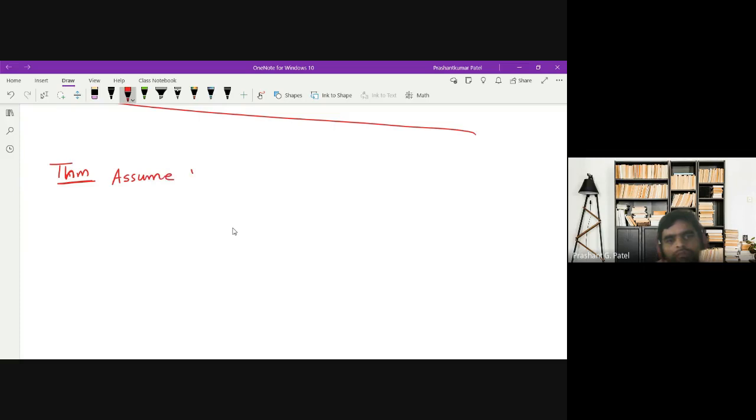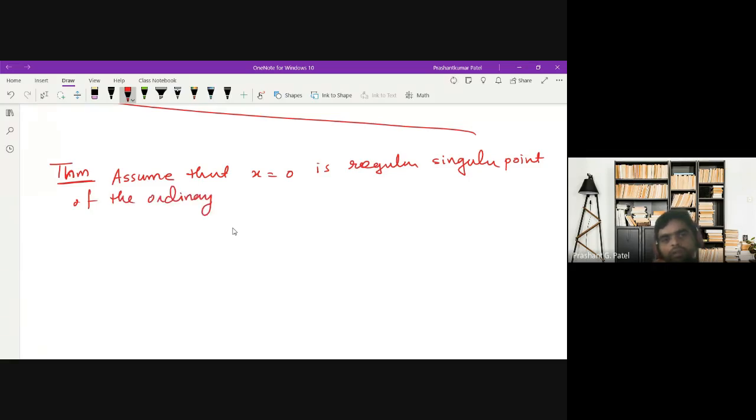Assume that x equal to 0 is the regular singular point of the ordinary differential equation y double dash plus p of x y dash plus q of x y equal to 0.